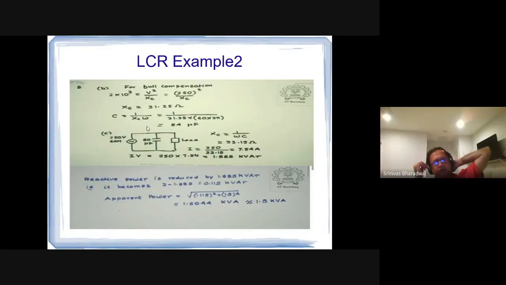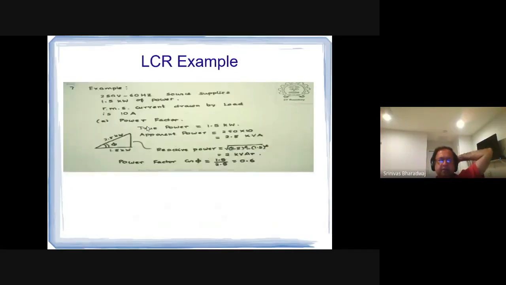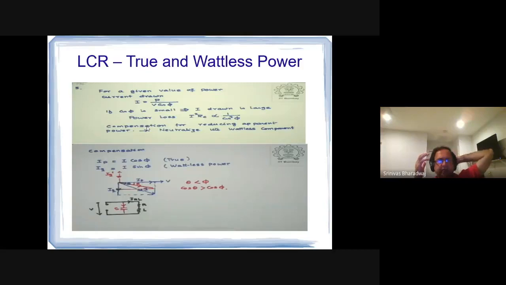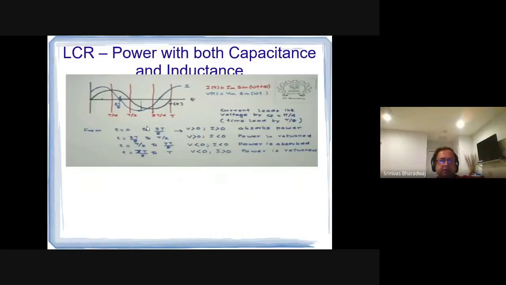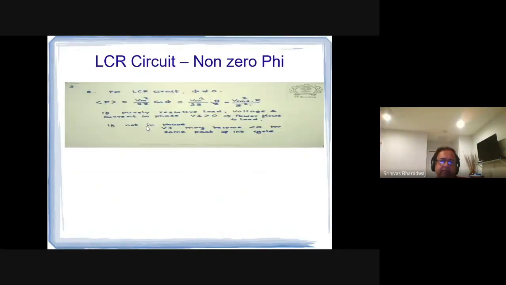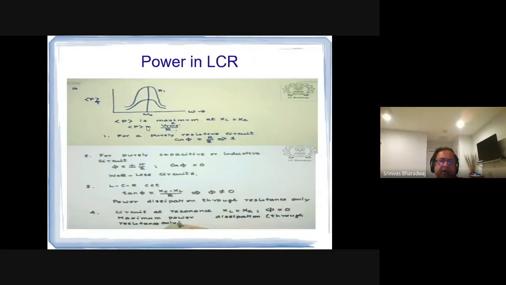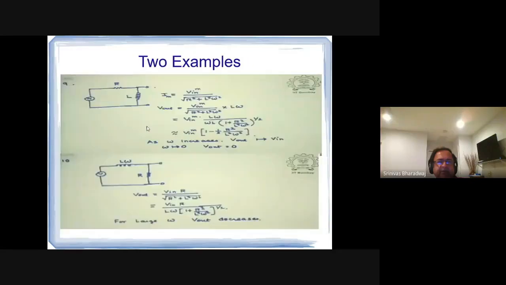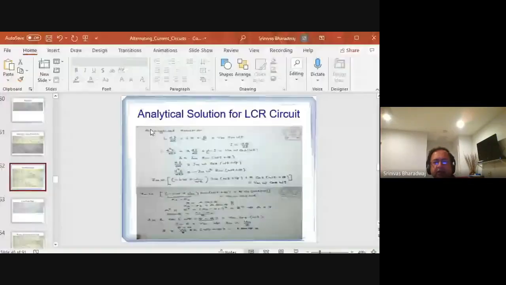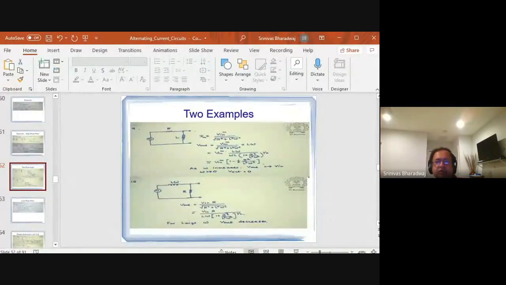So my advice to you is that you spend some time understanding, because they can ask various types of questions, learn all the terminology associated with LCR circuits. I've tried explaining some of the terminology, but not all of it. So we will look at some of the other terminology next time, but I thought I should really try to explain these terms sufficiently well so that when you see them, you're not lost.